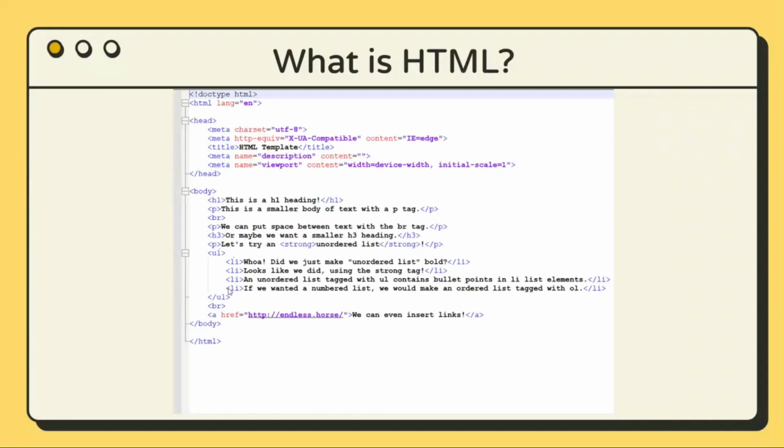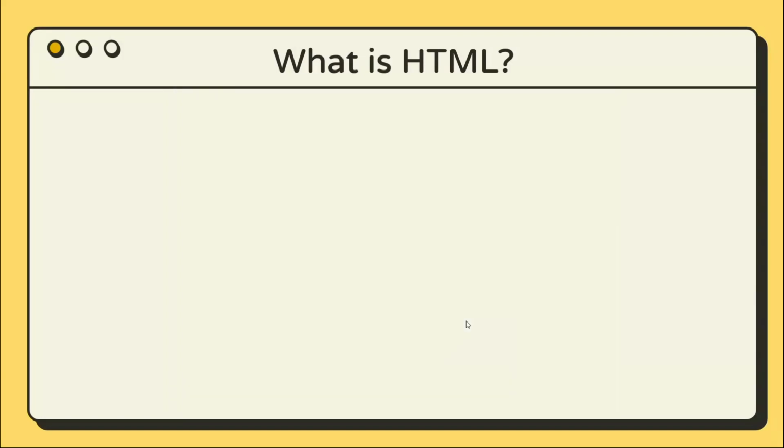If you wanted to display this as an ordered list, with numbers on the list elements, you would just change the parent tag to OL, which stands for ordered list. And then there's an example down there of how to insert a link into the web page. I'll show you the website, it's pretty funny.